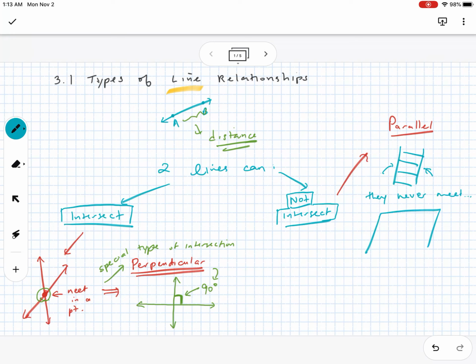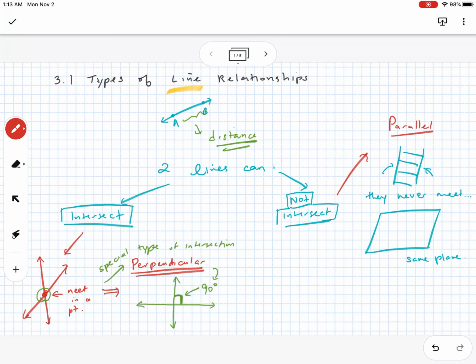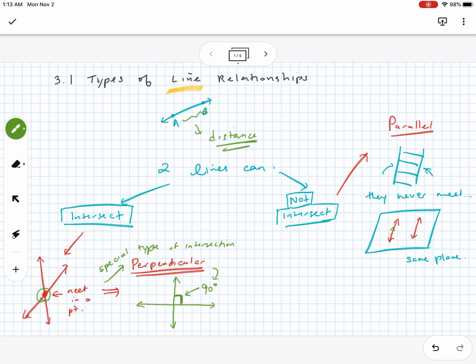But another important attribute of parallel lines is that they are in the same plane, or they are on the same surface. Okay, so something like this, right? They are parallel. And if you remember, the way that we show that they're parallel is by marking them with these kind of feathers.